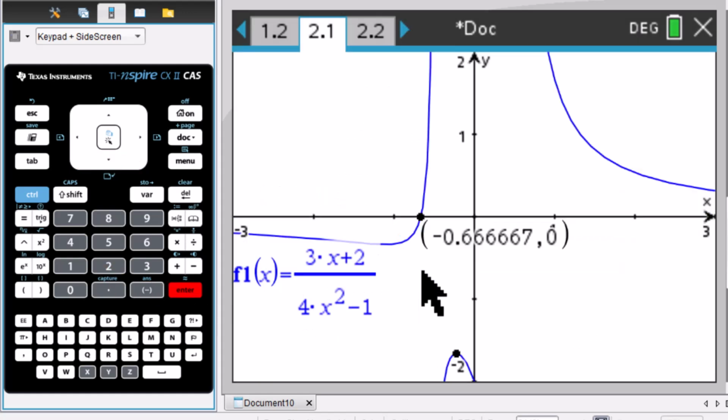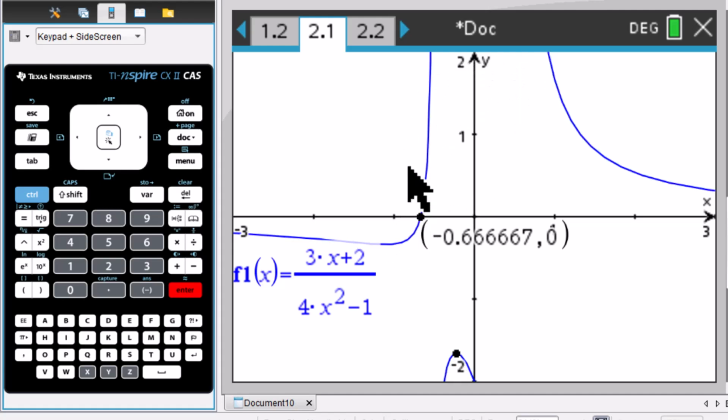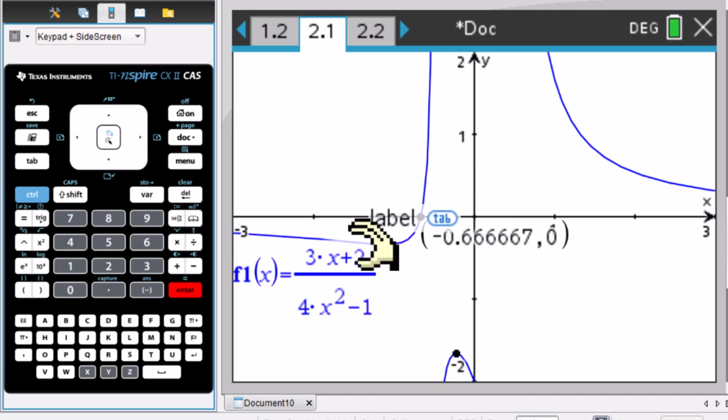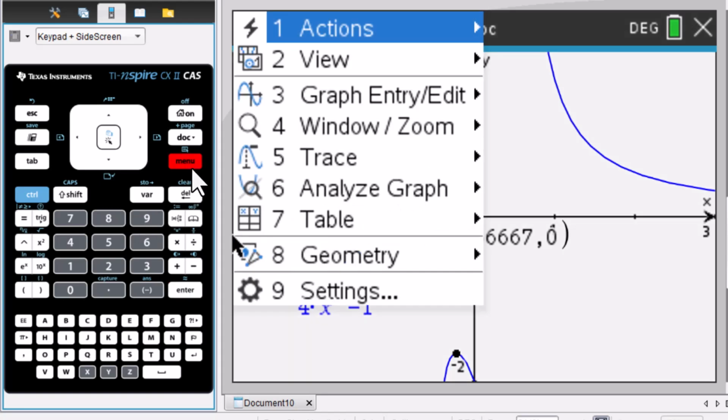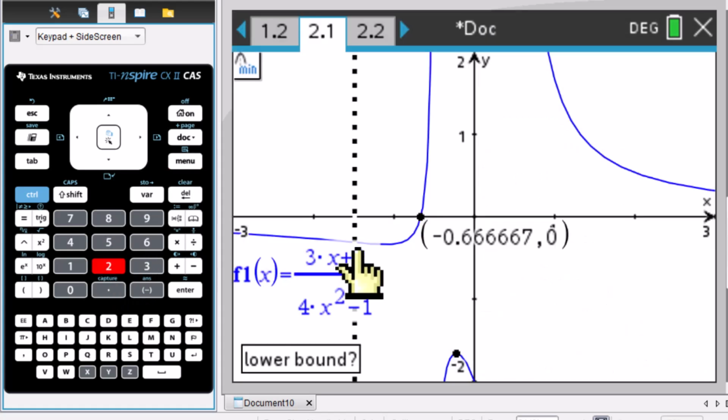Scale is 1. So you could say there is a minimum point, and the concavity changes at that point of inflection. Go to menu, 6, 2.